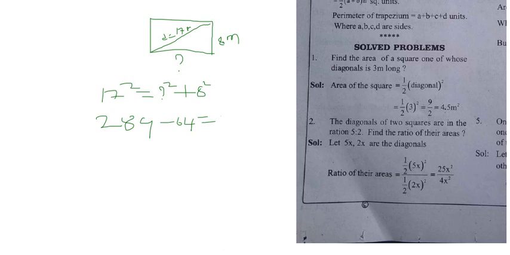This will be 225. Question mark is equal to under root of 225, which is 15 meters. Now I got that one more side value is 15 meters.